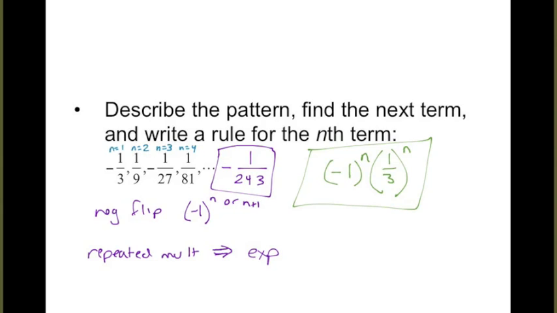Here's a couple of ideas: if you see a positive negative flip, you know you're going to want that negative one to a power. And if you see repeated multiplication, you know your rule is going to have to deal with exponents. We'll look at a couple more suggestions for rules. But being able to recognize and see a pattern in a problem isn't really something that can be taught directly. It's something that has to be worked on through experience.